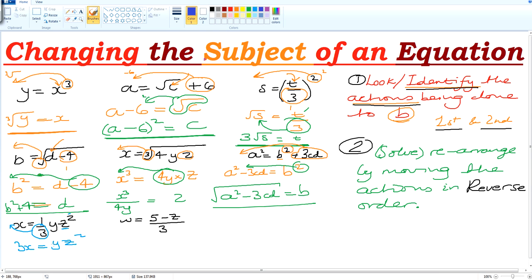Remember, square was first, times by y is second, and divide by 3 is third. So we go in reverse order, third, second, first. The second action was times by y, so the opposite is divided by y. So we get 3x divided by y is equal to z squared.